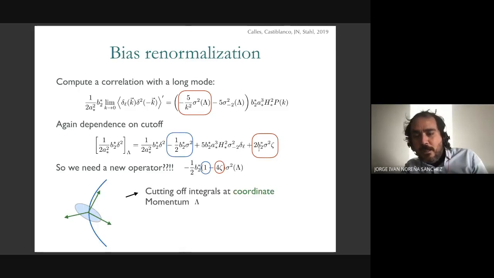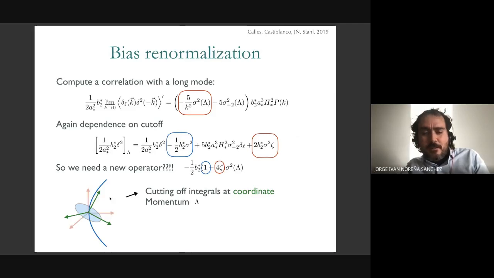We don't need a new operator, because this red term combines with this blue term. Let me consider them together. I'm writing them here. And these integrals, sigma, are cut off at some coordinate momentum, lambda. So I have some coordinates put here in green, this is just a schematic representation.